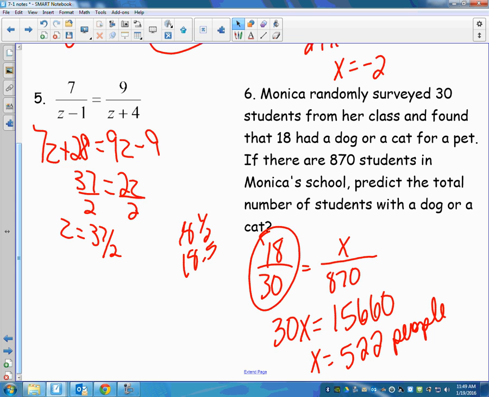On the back, they give you this growth chart and tell you information, and they ask you to use that to predict values. You're going to set up some proportion to do that, all right? And depending on how you see the chart, it might work a little bit easier. But notice on the back there are three shadings on that chart.